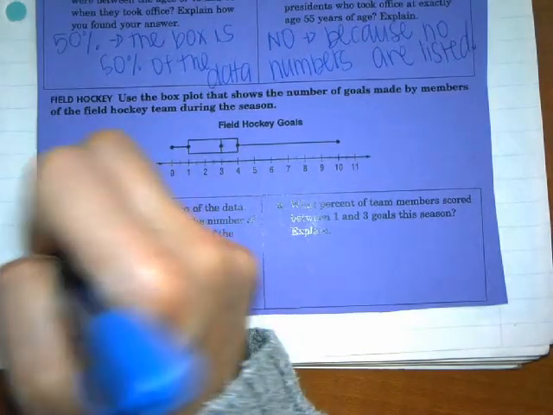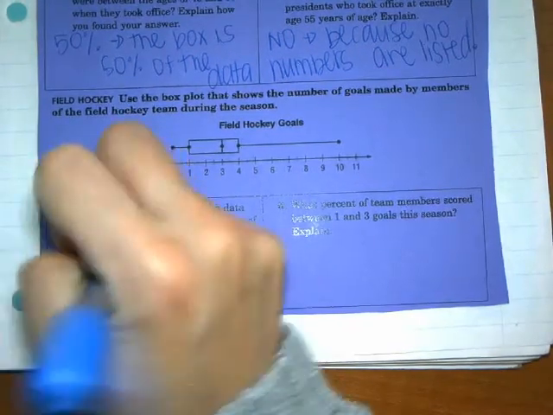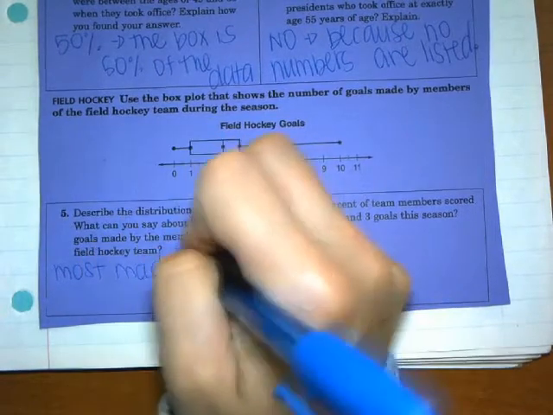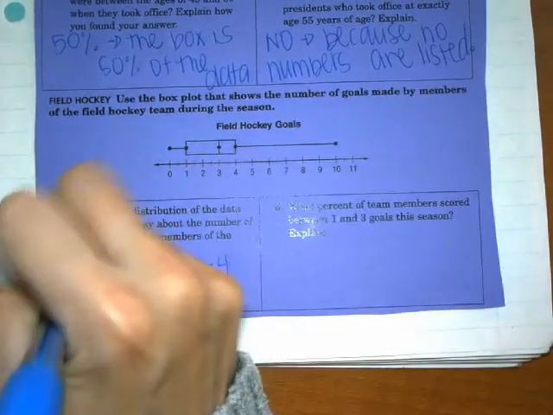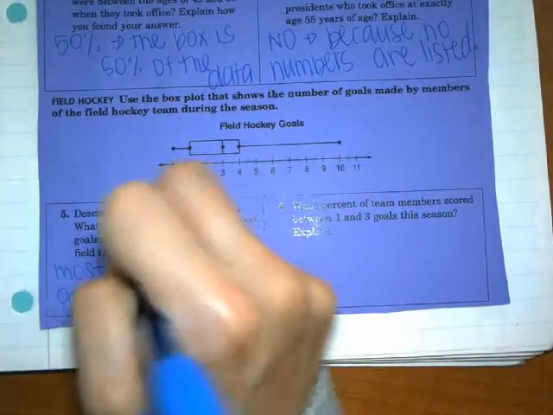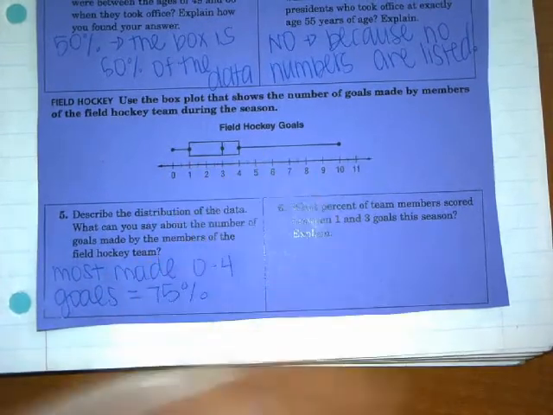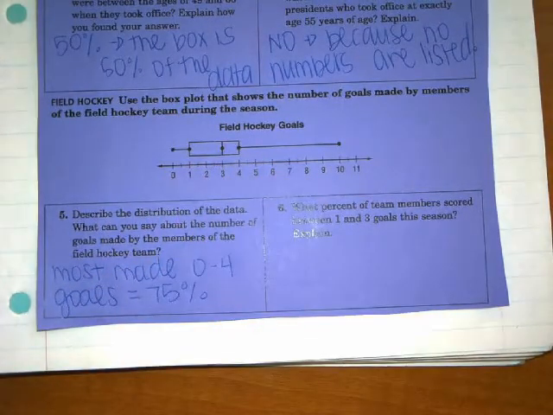I could have also said something like, most made 0 to 4 goals because it equals 75% of the data. Literally, guys, anything you could have said would have been perfectly fine as long as it describes the data. Understood? So there's not really one right answer there.